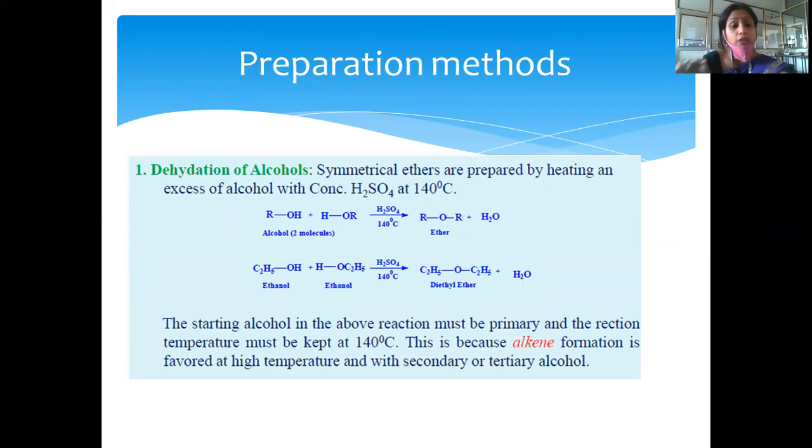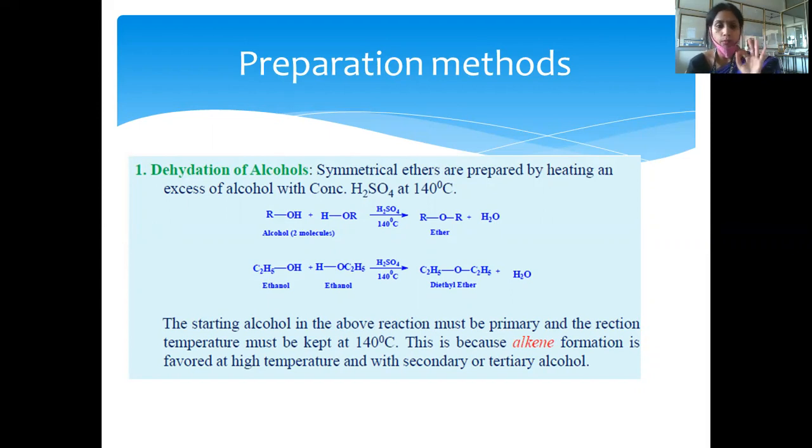Because alkene formation is favored at higher temperature and with secondary or tertiary alcohol. So the first condition is that the alcohol we are using should be primary and the temperature must be maintained at 140. Why? Because if the temperature is increased, or if the alcohol is not primary but secondary or tertiary, then the product will not be ether, rather it will be an alkene.